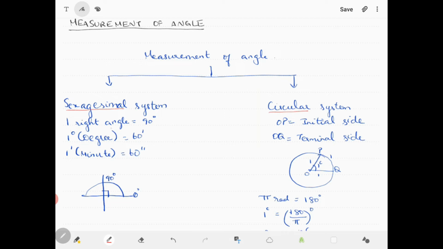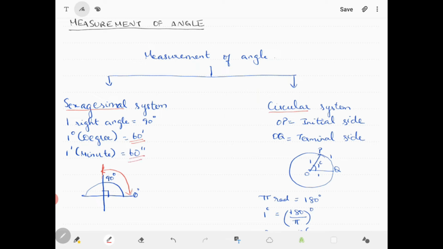One right angle will be 90 degrees, that is when we represent it in a diagram, this is 90 degrees. And 1 degree is 60 minutes, and 1 minute is 60 seconds.